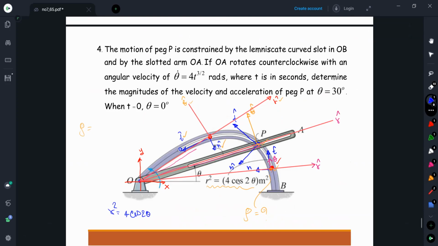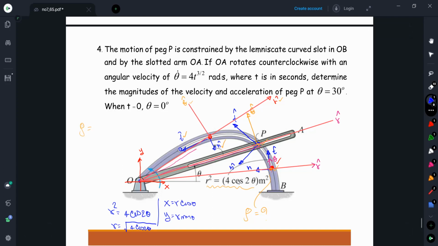So what does it mean? It means that r equals the square root of 4 cosine 2 theta, right? Okay. So if we convert it to x equals r cosine theta and y equals r sine theta, that's actually in the polar coordinate system, we can do it. Okay.